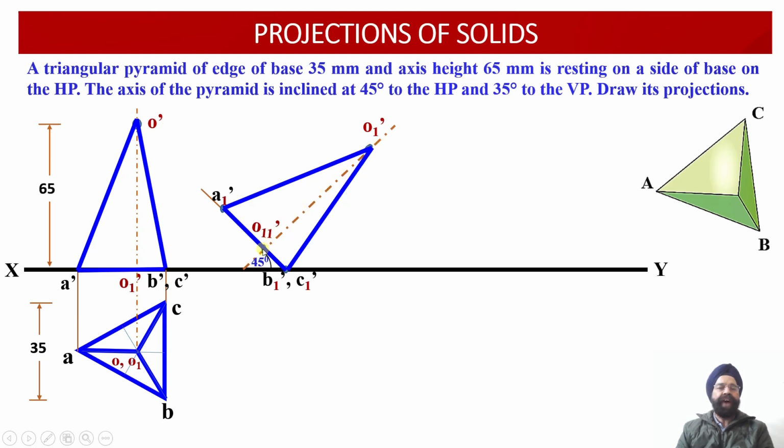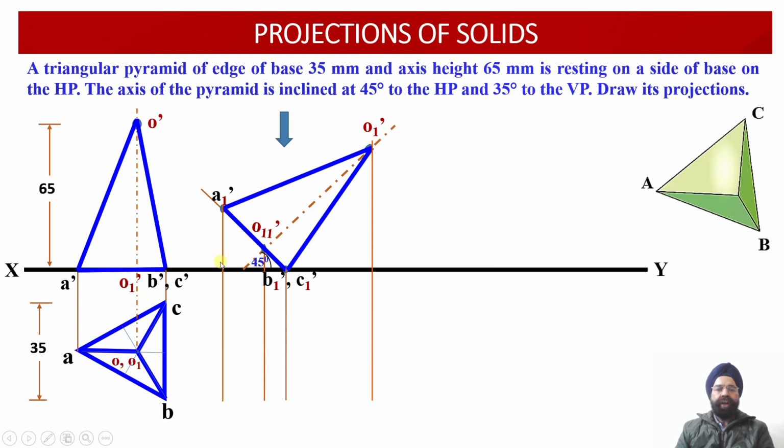So a total of 5 points are available with us in the front view projections. Now from these 5 points we are going to draw the vertical projector lines as we are going to look at this particular inclined triangular pyramid from the top view.